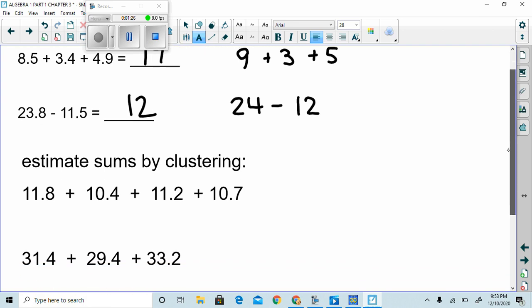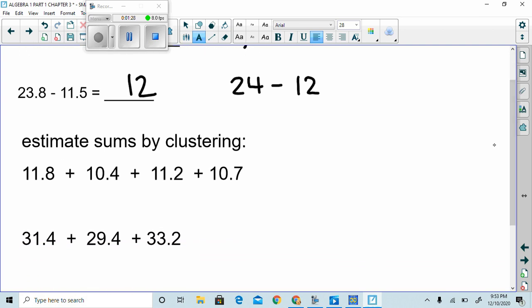When we talked about clustering, we focused on finding numbers that were clustering around or in the same area. They were all pretty much near each other. I'm looking at 11 8/10, 10 4/10, 11 2/10, and 10 7/10, and I'll say they're all around 11. I count up and I see there are 4 of them, so this is approximately equal to 44.